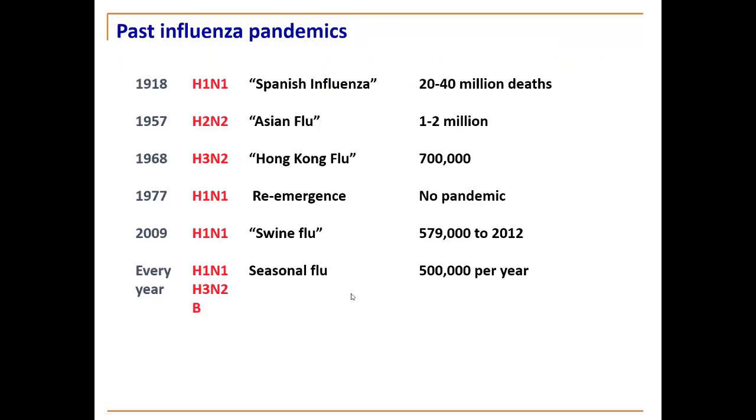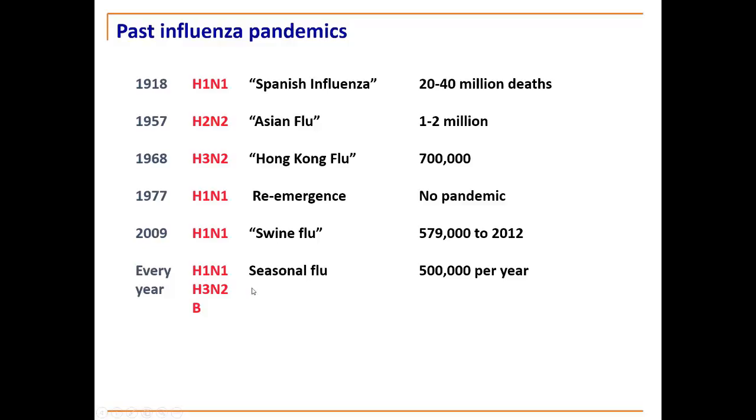So there have been some serious past influenza pandemics. The earliest one that lots of people refer to is 1918 H1N1, which is Spanish influenza, which killed upwards of 40 million people. You've then got some other ones. You've got the Asian flu, the Hong Kong flu. You've got re-emergence of the Spanish flu in 1977. You've got swine flu, which kicked off in 2009.